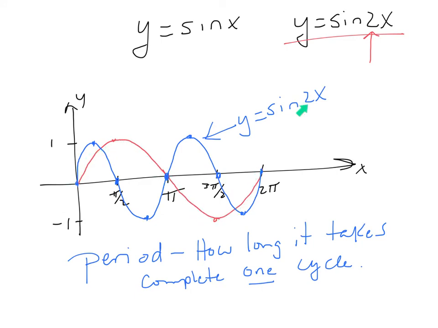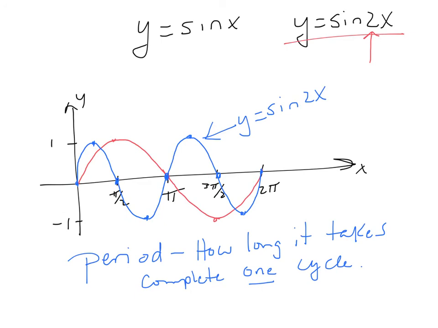But when I increase the frequency to 2, it's going to speed this up, how often this thing oscillates. In between 0 and 2 pi, I'm actually going to see 2 full cycles of this graph, which means the period only takes pi radians to complete the cycle once. There is an actual formula for period.